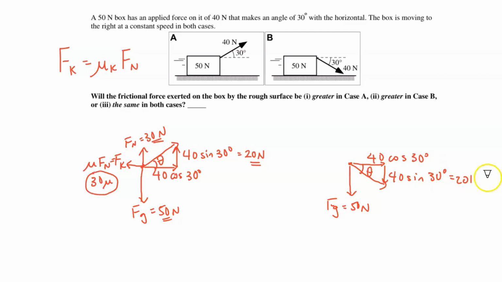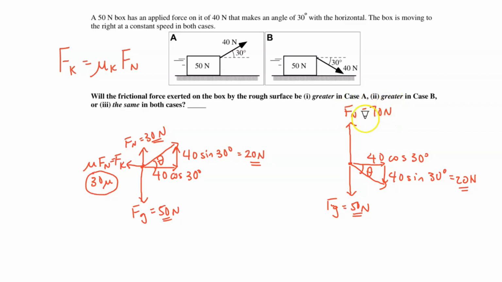Vertically it's not accelerating, so I know that the net force vertically needs to equal 0. So this is 20, and that's 50. This going up needs to cancel that, so the normal force is going to be 70 newtons.